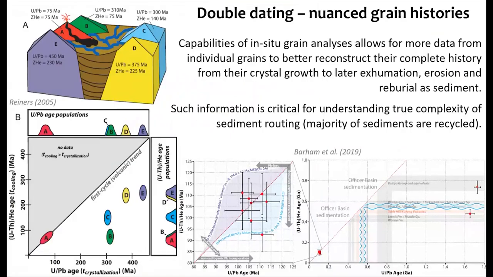So starting to demonstrate how this can be useful, we could look at double dating. And in this case, these images on the left are taken when we consider the uranium lead age of crystallization and the uranium thorium helium age of cooling. And you can start to see, okay, well, the grains would have crystallized at depth.